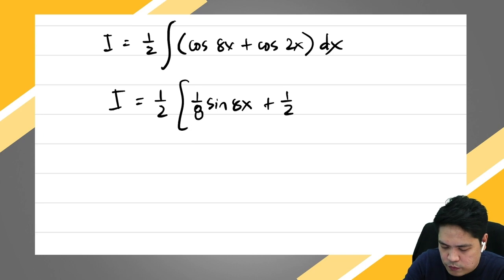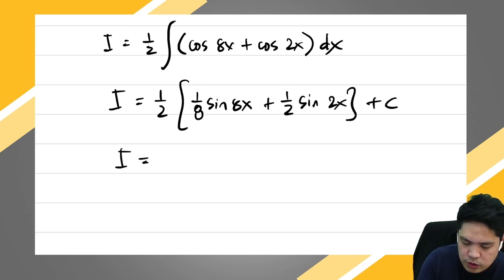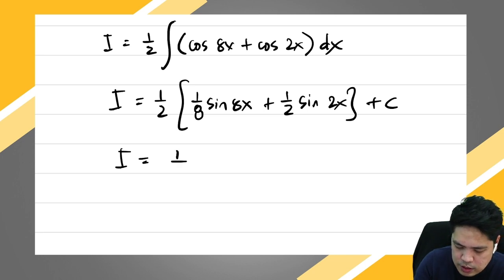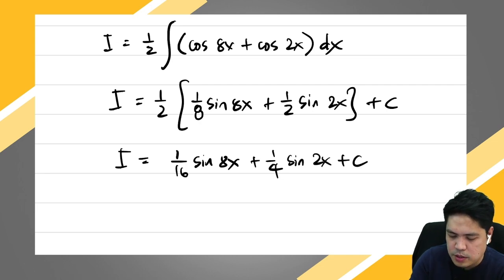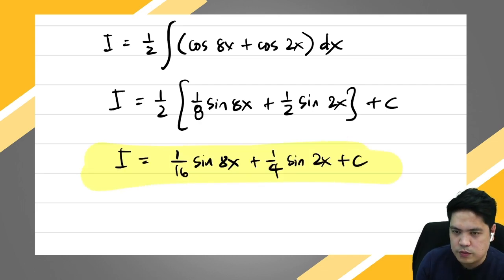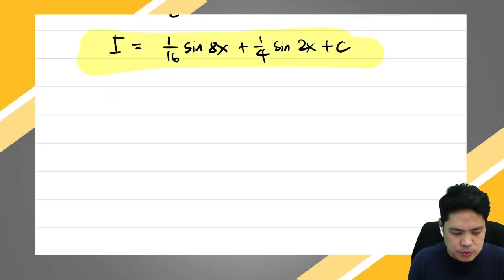So 1/2 sine 2x plus c. Therefore, I is equal to 1/16 sine 8x plus 1/4 sine 2x plus c. That is our answer.